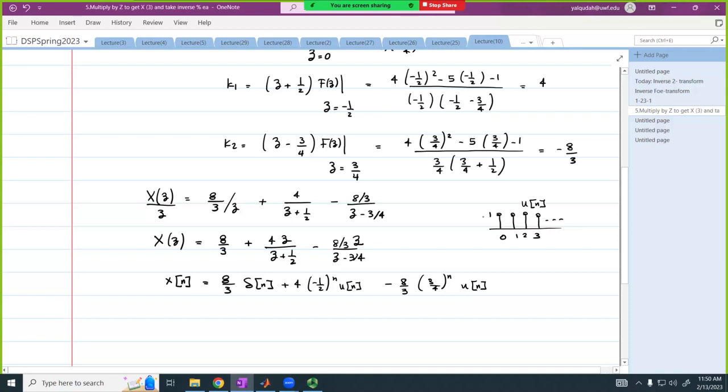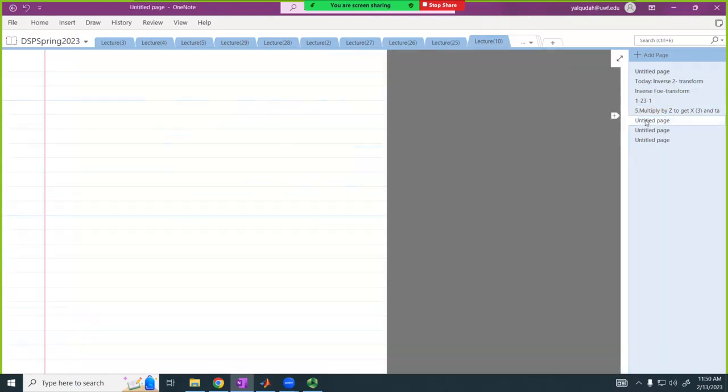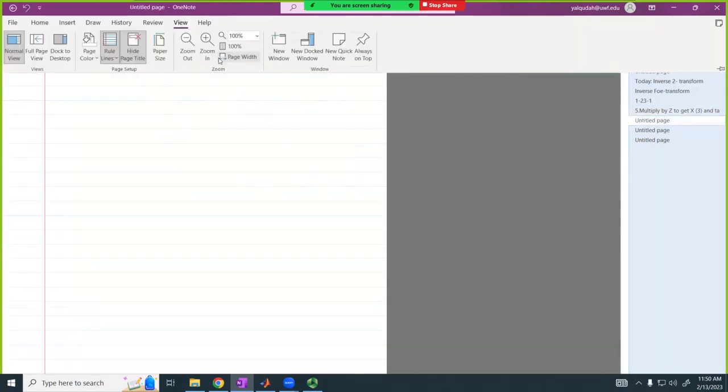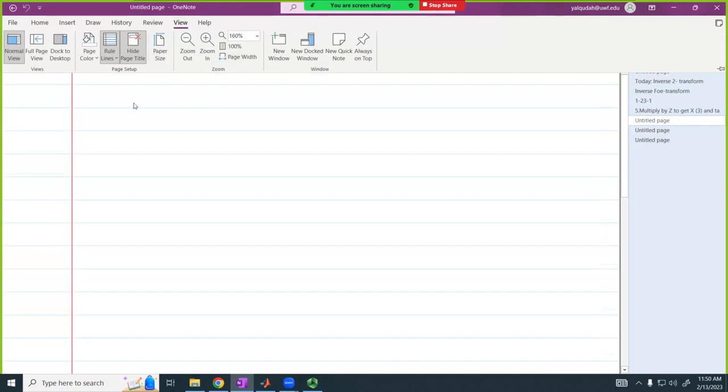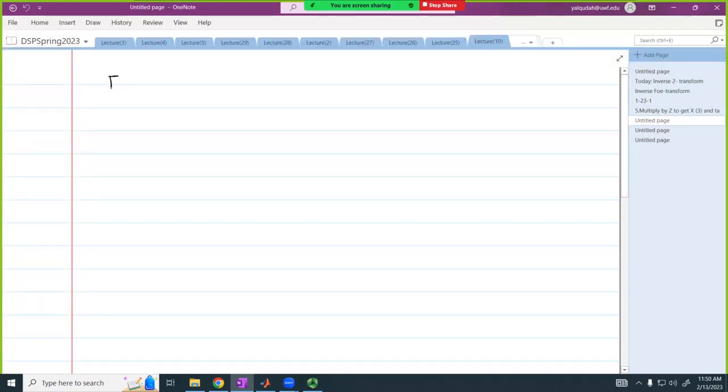Let's do another example. We have x of z that is equal to z cubed minus z squared plus 2 multiplied by z, divided by z minus 1 multiplied by z minus 2 multiplied by z minus 3.